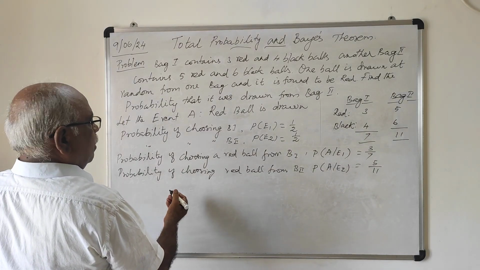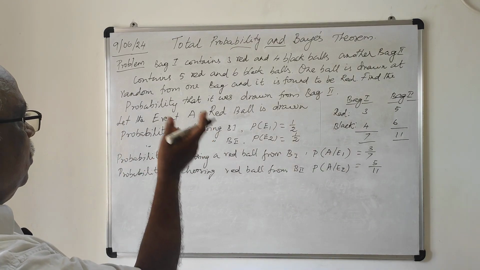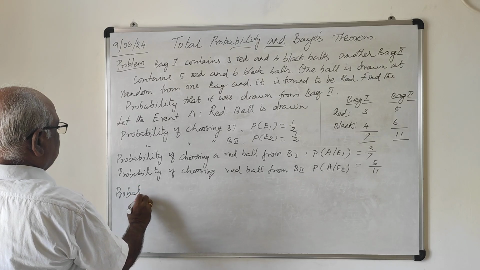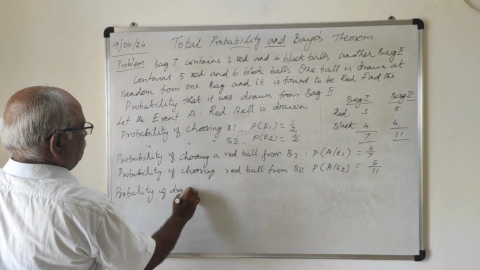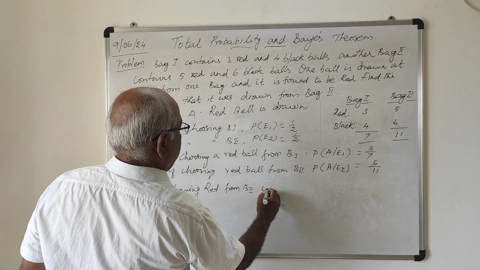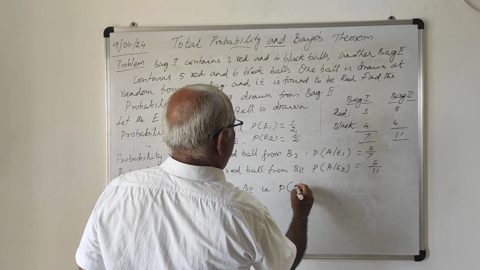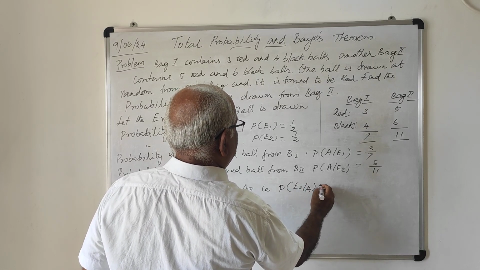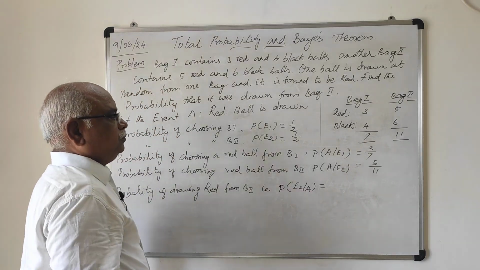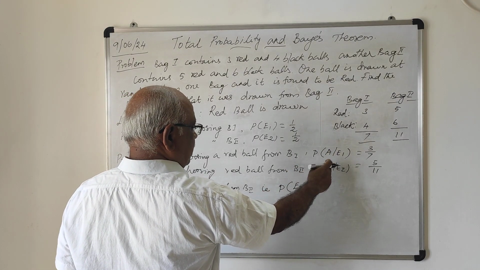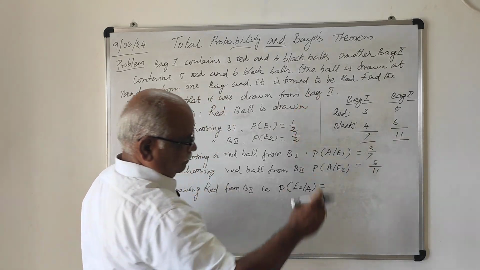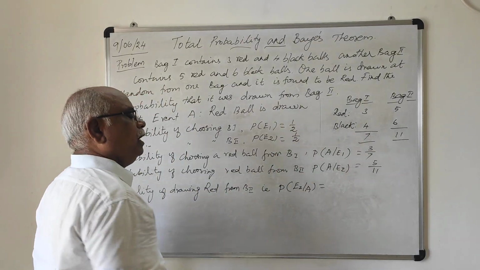We require the probability of E2 by A. P of A by E2 is the probability of choosing the red ball, given that bag 2 has already occurred: we choose the bag first and then the red ball.